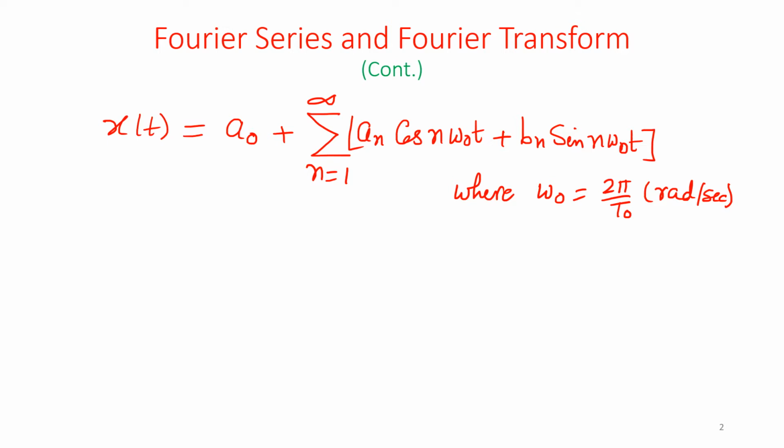And then we have shown how to compute an, bn if x(t) is given, and also a0, right? So those values we can compute. So we'll give you one example later. Then again we have discussed that we can also express this x(t) in terms of exponential signals, as this cos n omega naught t and sin n omega naught t we can also express in exponential form.